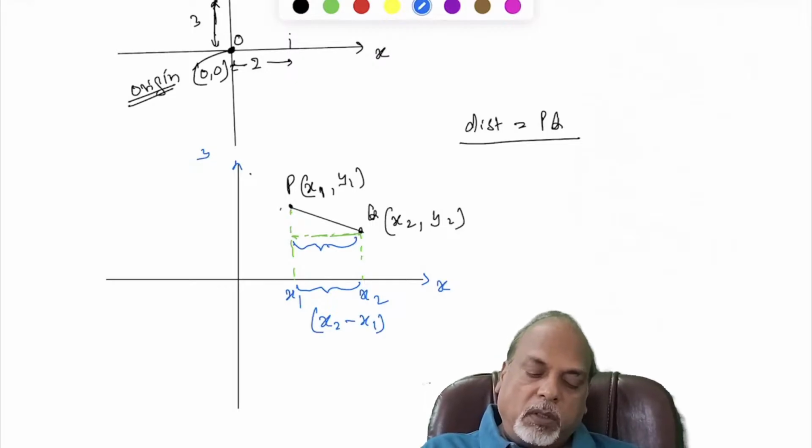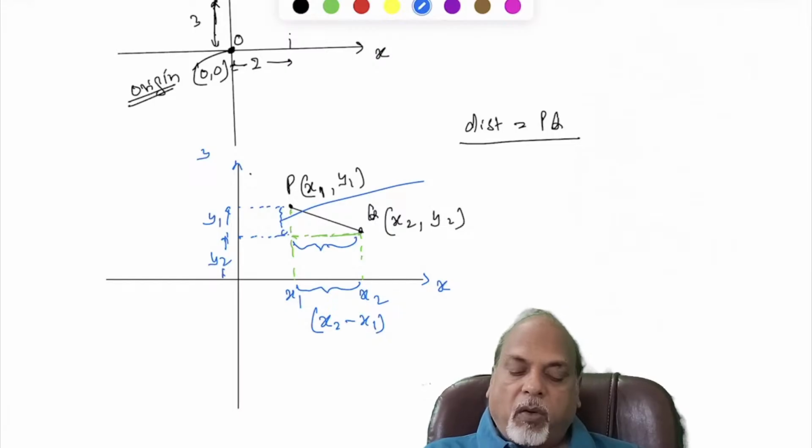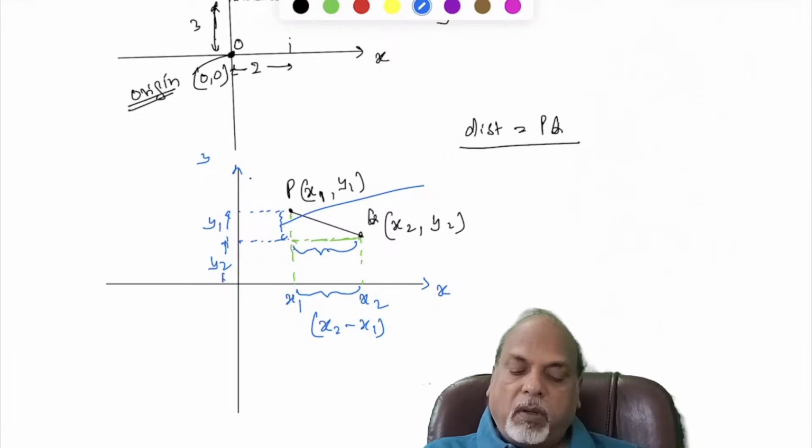And what about this? If you see, this is your y2 and this is your y1. Then what is this distance? Here y1 is more than y2, so y1 minus y2, of course.